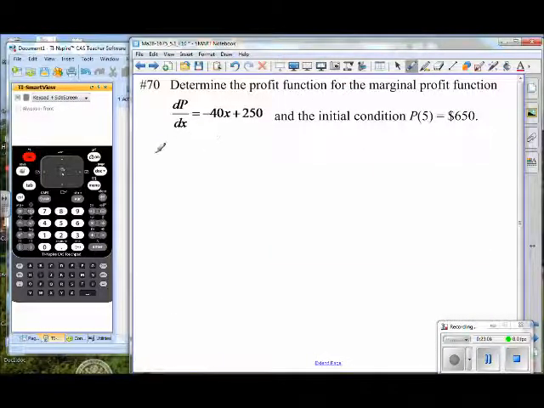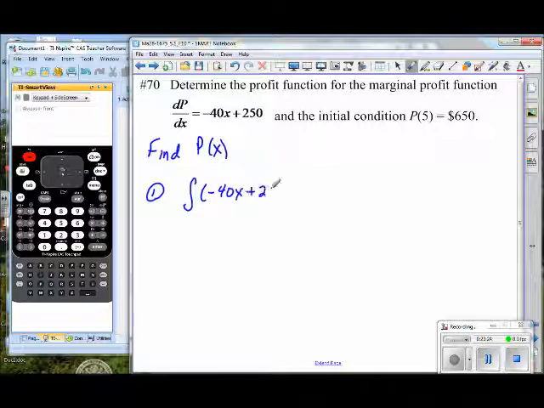We are in fact doing the same thing. We want to find the profit function from this. So to start that, again, we're going to take the indefinite integral of, and remember, you must put those parentheses in.